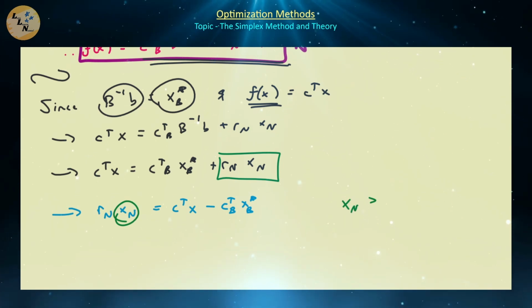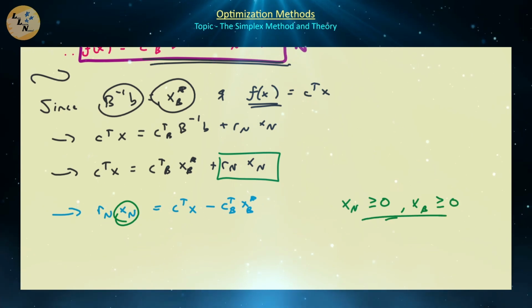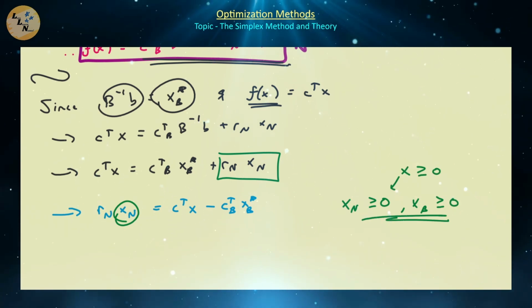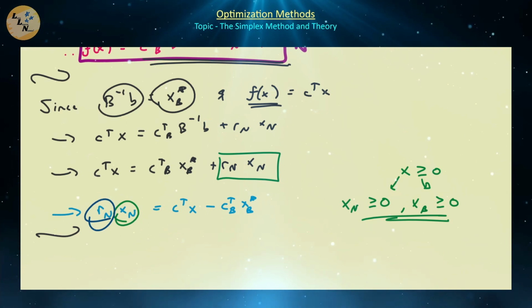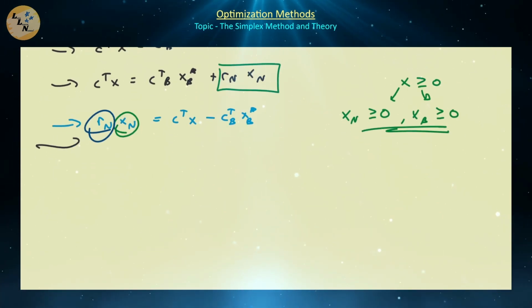We know that xN is greater than or equal to 0 because that's one of our two restrictions for standard form, because if x is greater than or equal to 0, then any partition of x will also be greater than or equal to 0. So what can we say about rN? Well, xN by default is always going to be positive. rN is not always going to be positive.